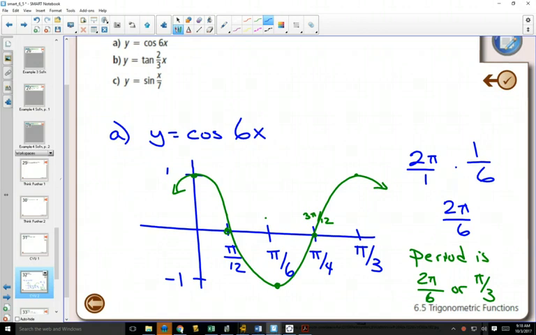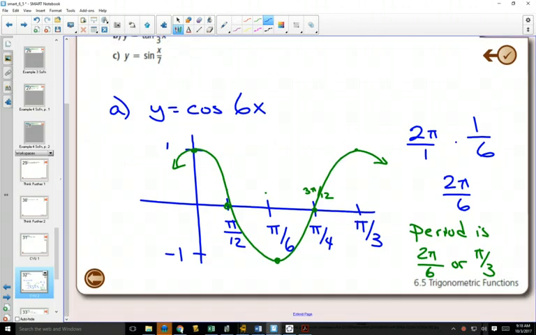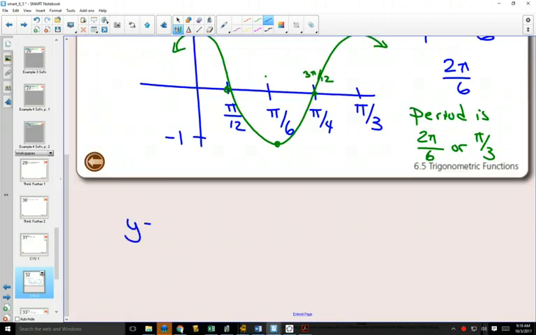For the second one, y equals tan of 2/3 x. The tan graphs are always a little bit more difficult. When graphing your tan graphs, first of all, this is a horizontal stretch. Does it make sense that you're going to multiply x by 3/2?